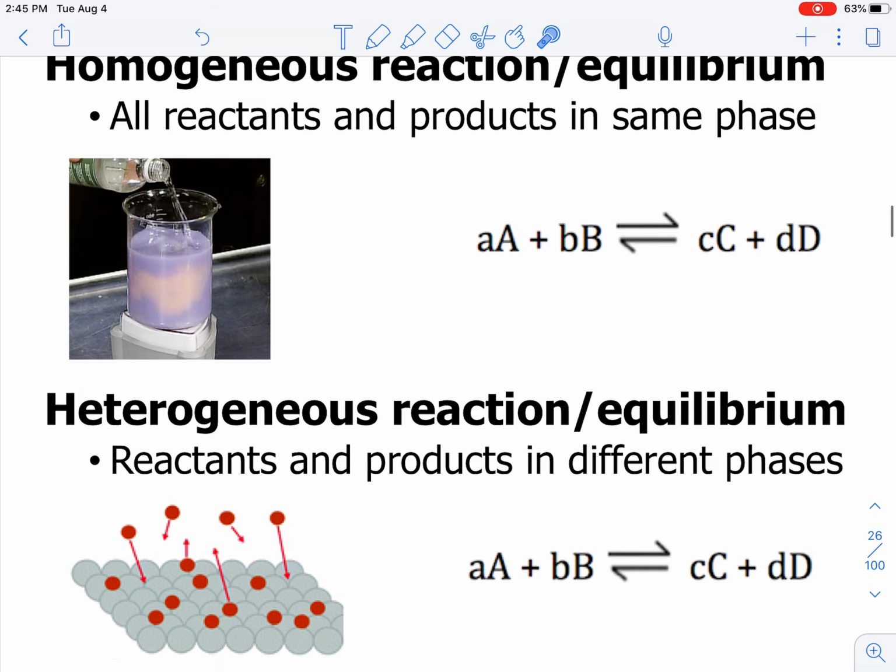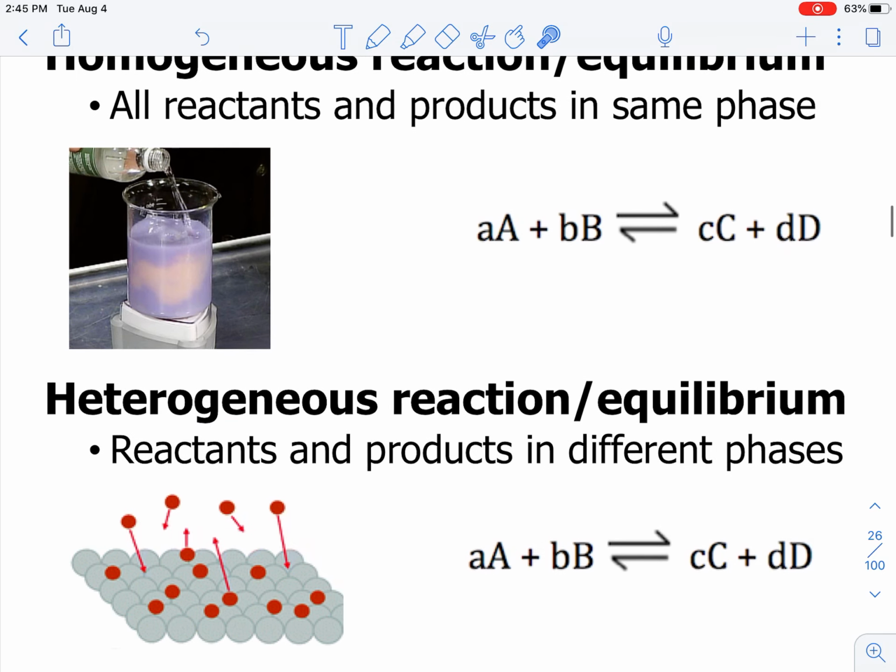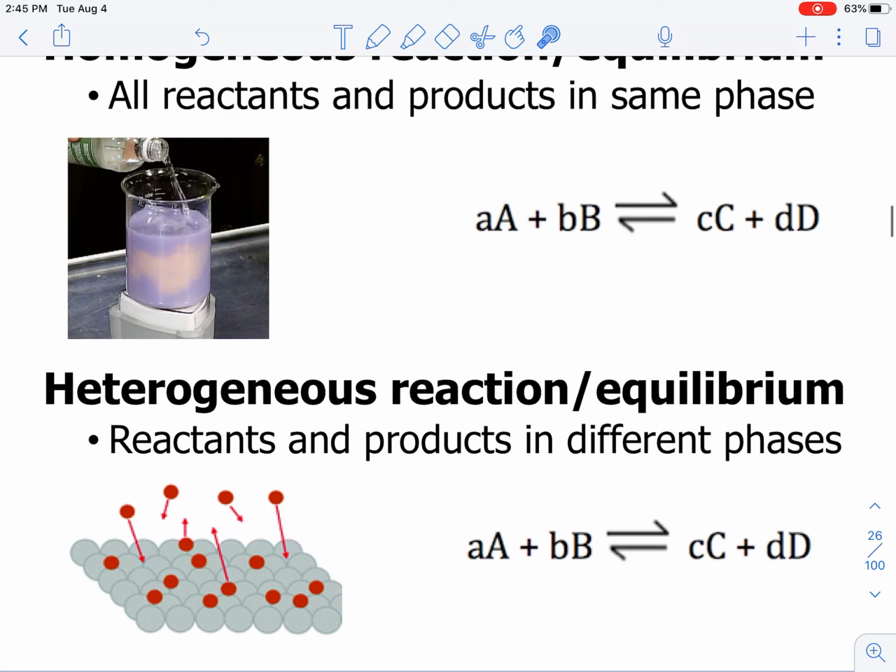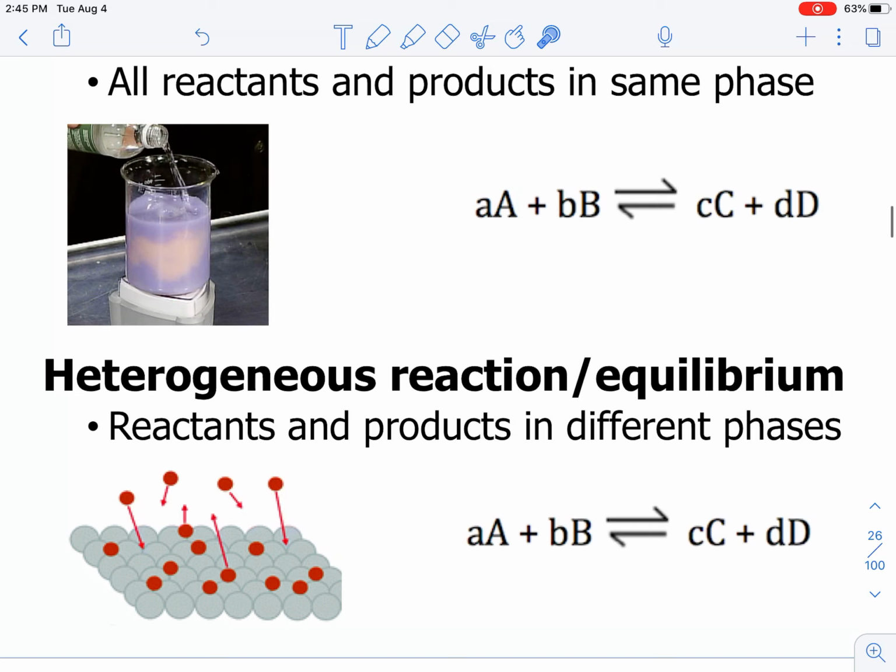A heterogeneous reaction is when you have at least one substance, and it doesn't matter if it's a reactant or a product, that has a different physical state of matter for that reaction to be considered heterogeneous. What do I mean by that?